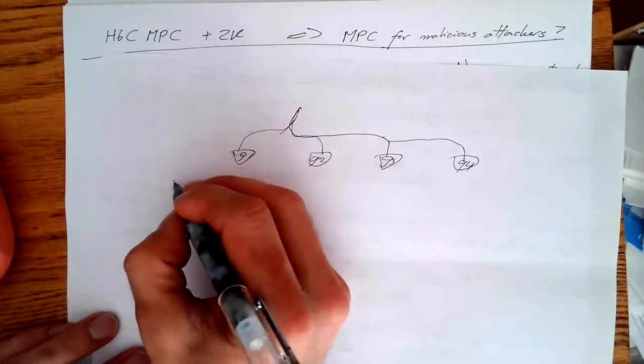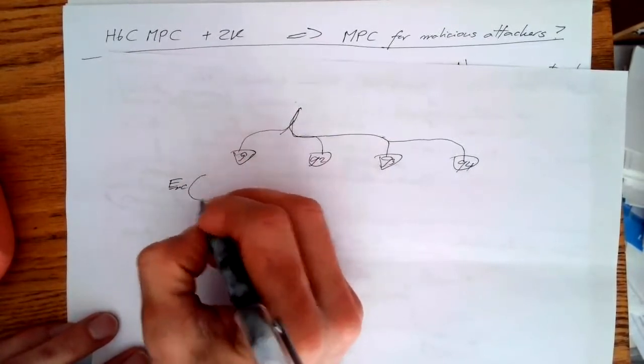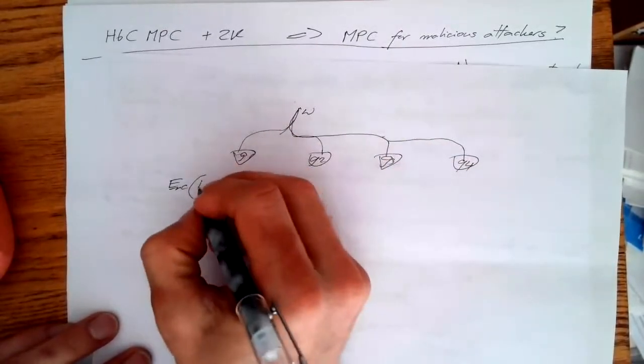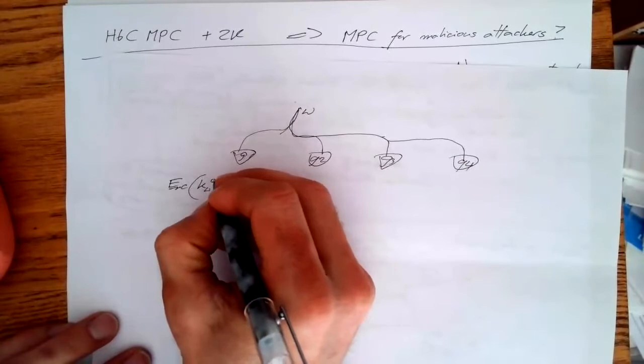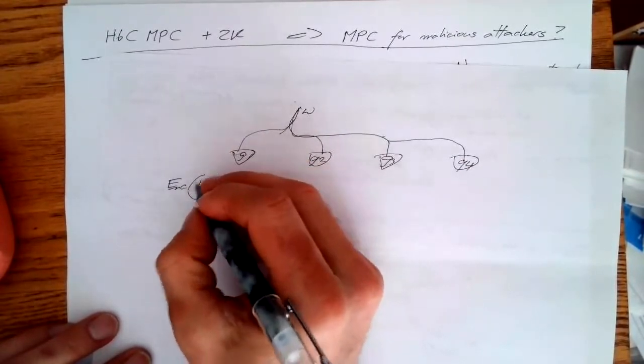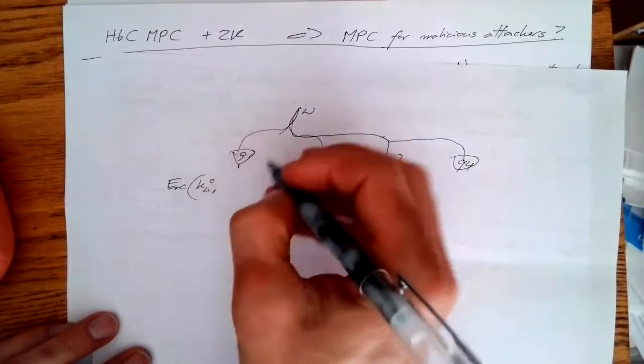Let's call this wire W. Then these gates will contain ciphertexts which look like encryption under key KW0.